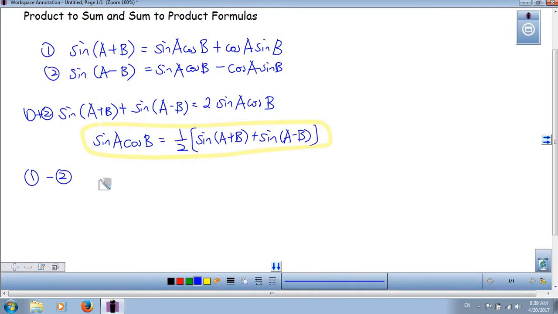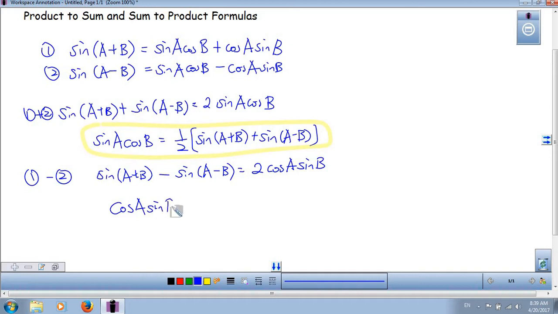When we do equation 1 minus equation 2, we have sine of A plus B minus sine of A minus B. When we subtract them, the sine A cosine B terms cancel out. But here we have cosine A sine B minus negative cosine A sine B, so they add together and become 2 cosine A sine B. Divide both sides by 2 and switch the left and right sides.